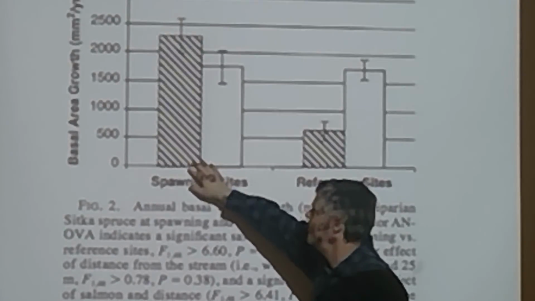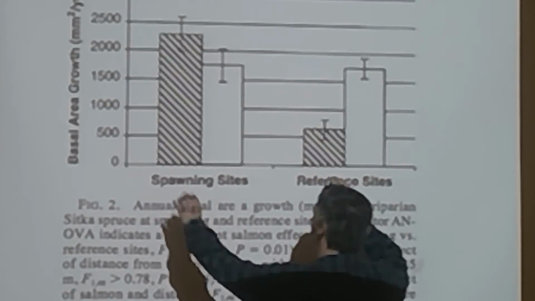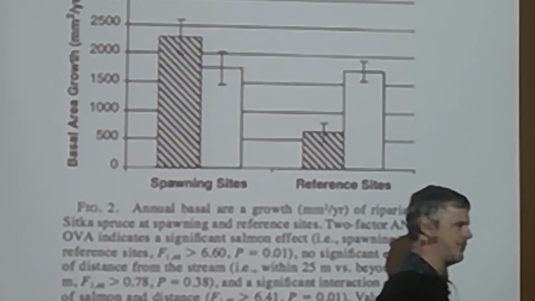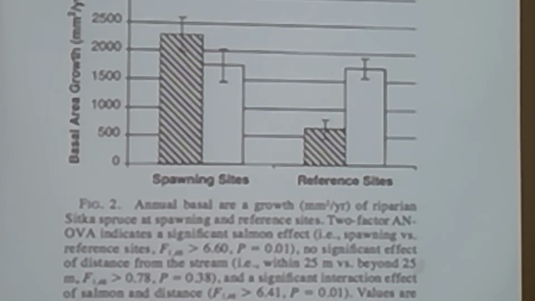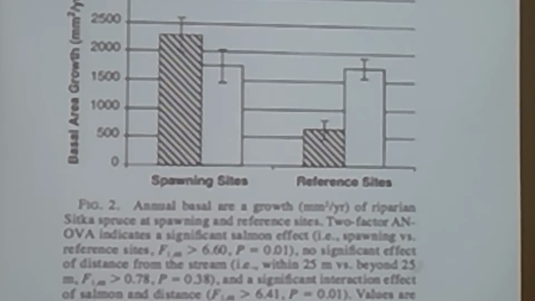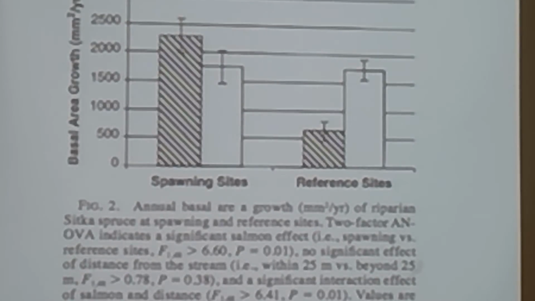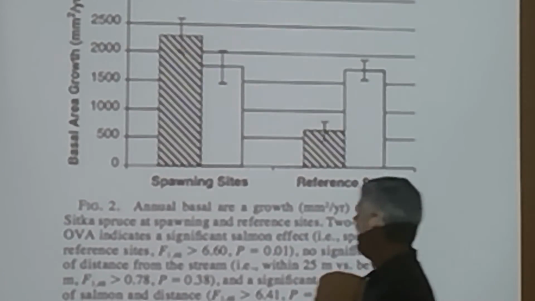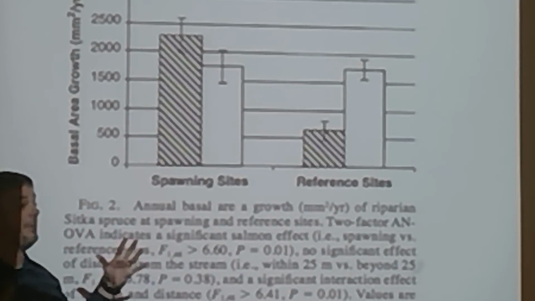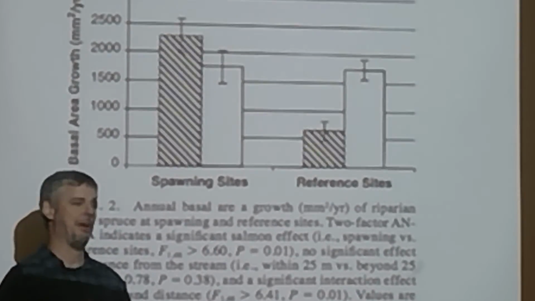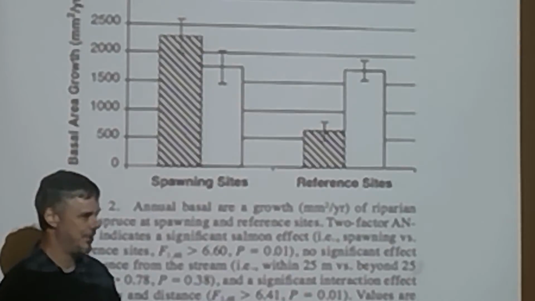We've got growth rates, and then we've got within 25 meters of the stream versus more than 25 meters of the stream. Why would distance from the stream make a difference? By who? Bears, or the ravens, and the other things coming in and dragging. So the idea is that the salmon should be concentrated relatively close to the stream. As we get further away from the stream, we expect that salmon influence to be less.